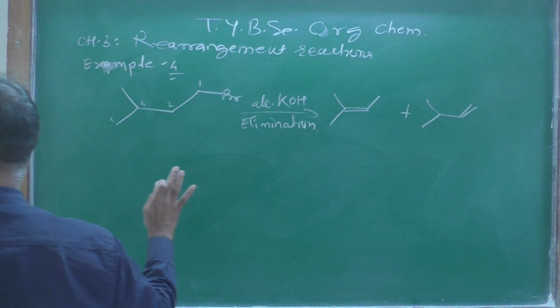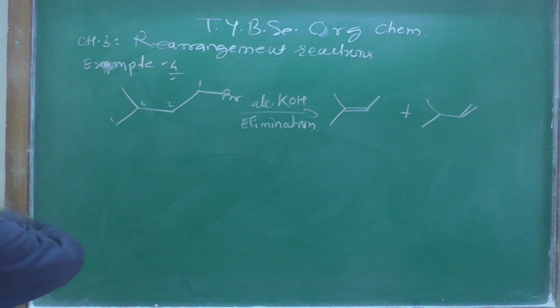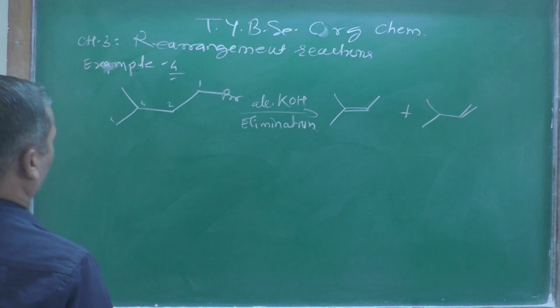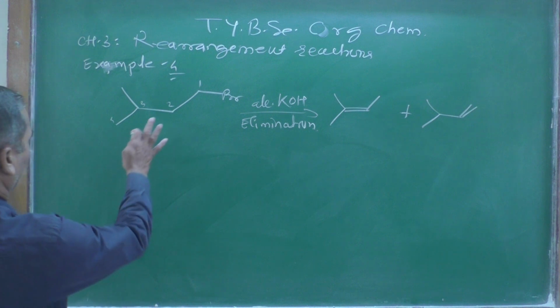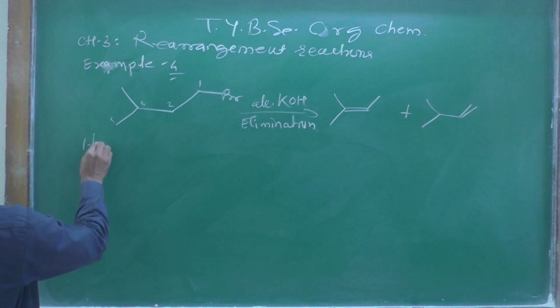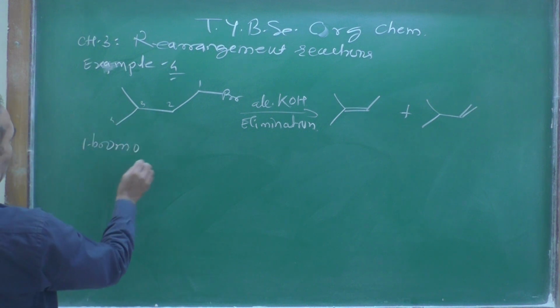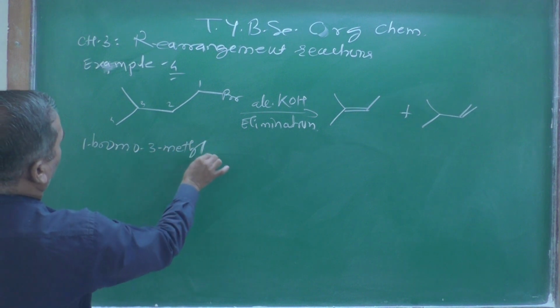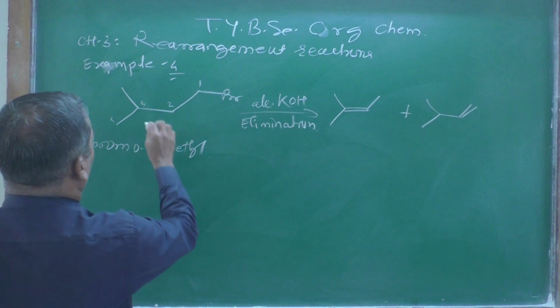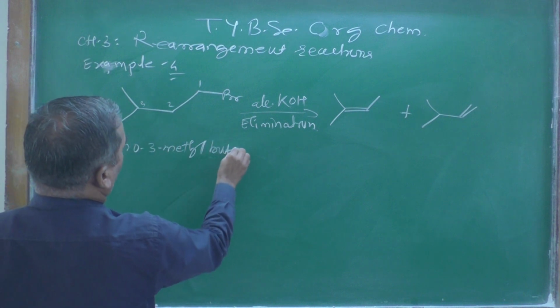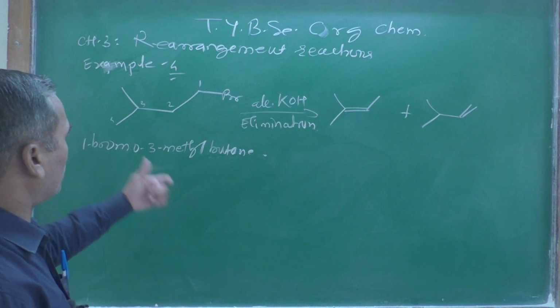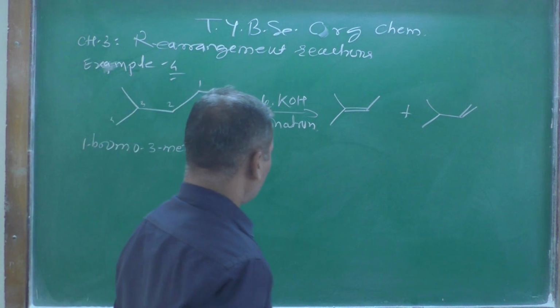You have to select the longest continuous carbon chain and see what elements are present there. If you see, that is a 1-bromo, 3-methyl, 1-bromo-3-methylbutane. That is the IUPAC name of this compound, 1-bromo-3-methylbutane.